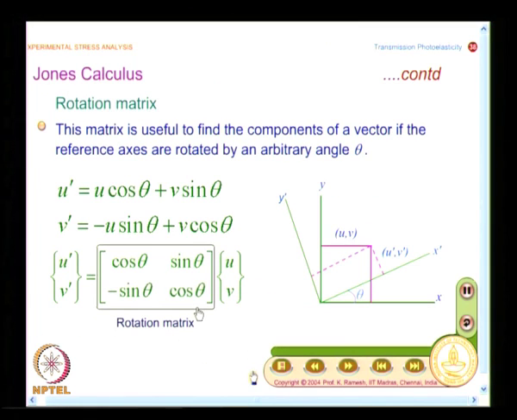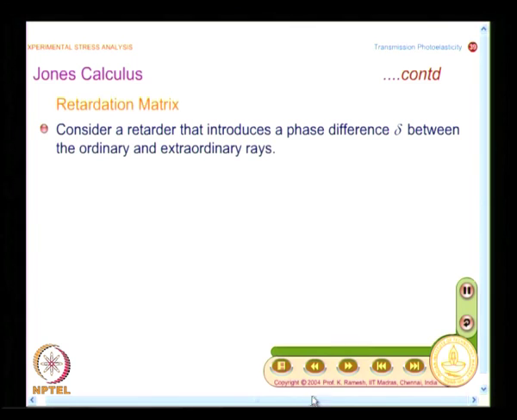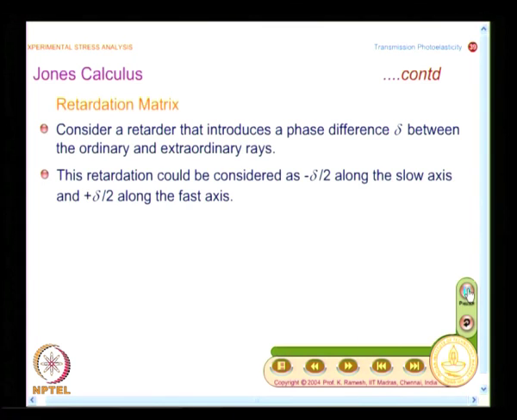We will also try to find out how to represent the retardation introduced within the model by a retardation matrix. We will consider a retarder that introduces a phase difference delta between the ordinary and extraordinary rays.